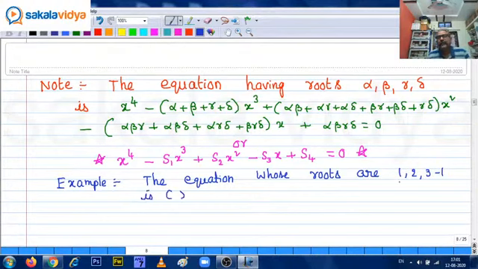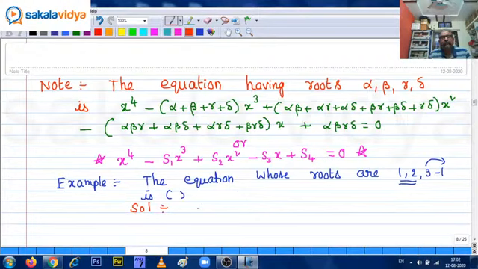So actually first find a quadratic equation whose roots are 1, 2, and a quadratic equation whose roots are 3, minus 1, then get the product. That will be very easy instead of doing like this. The required solution you can find out like this also.